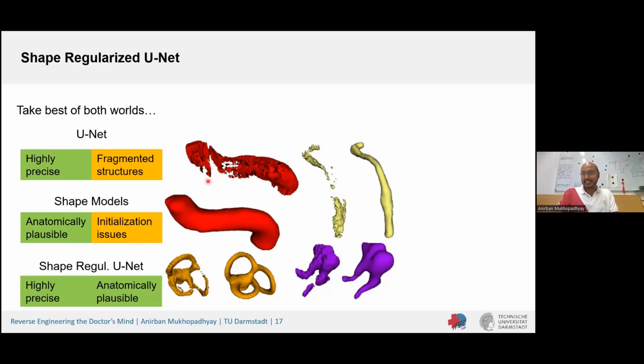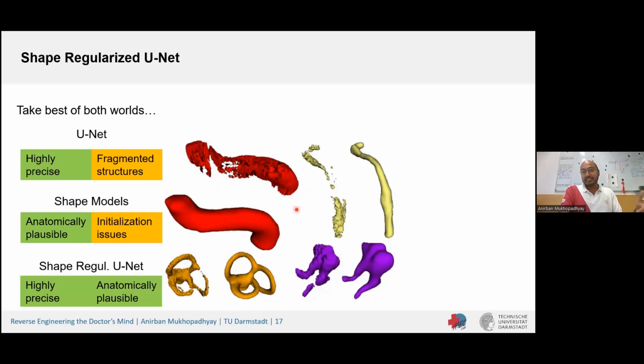Now, you will still get pretty high dice accuracy, but it's simply not usable for planning. On the other hand, we had these old statistical shape models that typically generate anatomically plausible shapes, but they have initialization issues. So we sort of merged these two ideas to start with the UNet and then correct the segmentation with a statistical shape model.